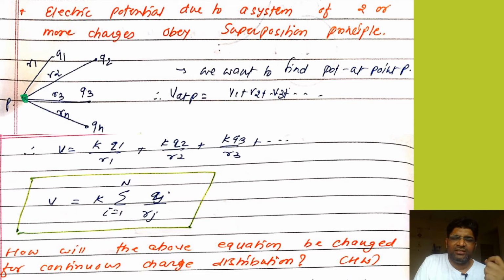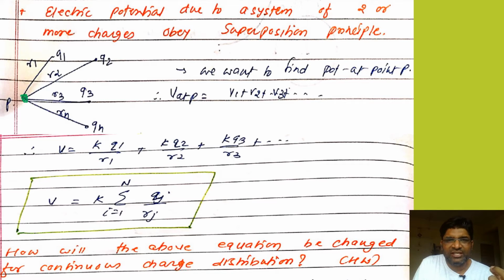Now this is a discrete distribution. In a discrete charge distribution, you find the potential due to each one of them, then go for the summation. If you go for a continuous distribution, which we have done earlier in the first chapter, this summation will become an integration.